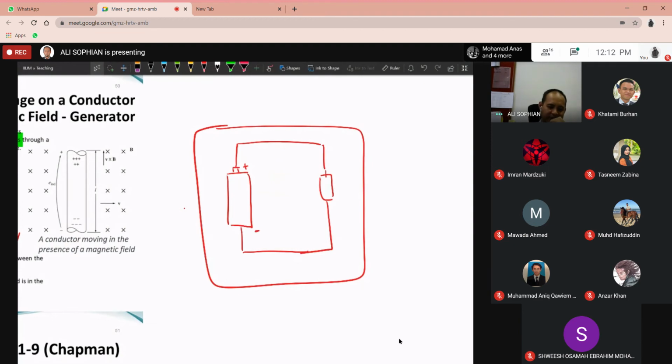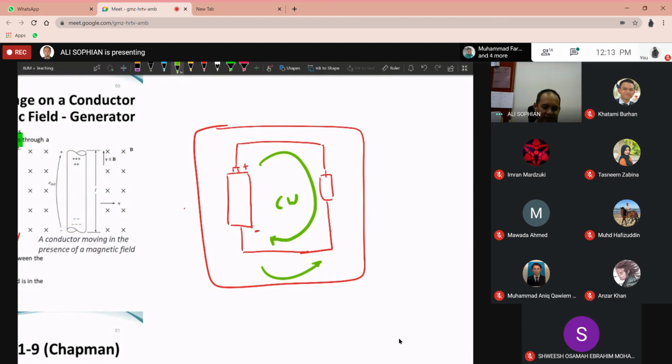In this case, current will flow in this direction, which is clockwise. Right. Although in reality, what is moving is the electron, and the electron is actually moving in the opposite direction. But by convention, we just follow that the current flows from the high potential to the low potential, so from positive to negative. Right.